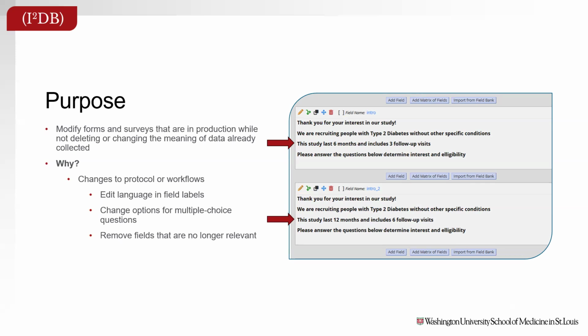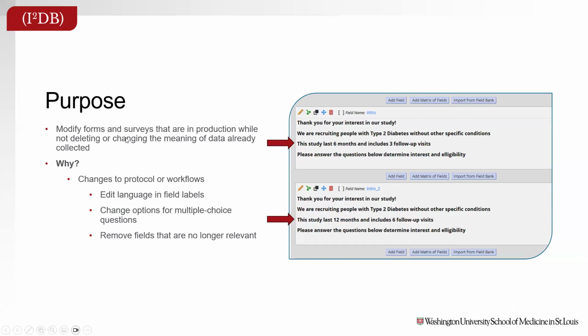Maybe you've got some quality assurance fields that you had to push a yes every time something happened, and eventually you realize it was just extra work. You don't need it anymore, but you don't want to delete all that data. You don't want to change the meaning of data that's already collected.